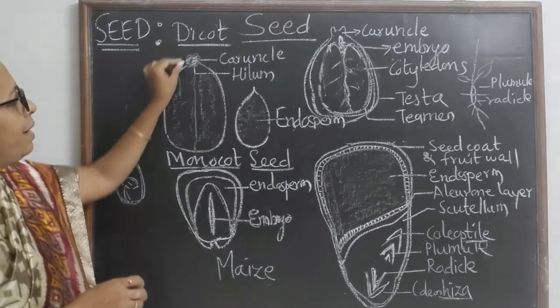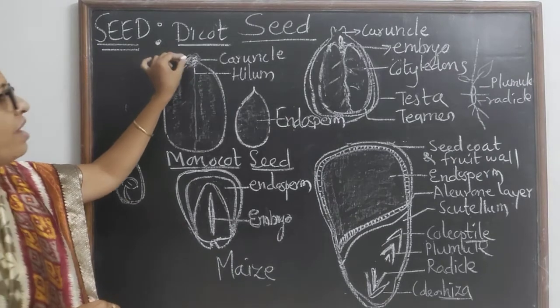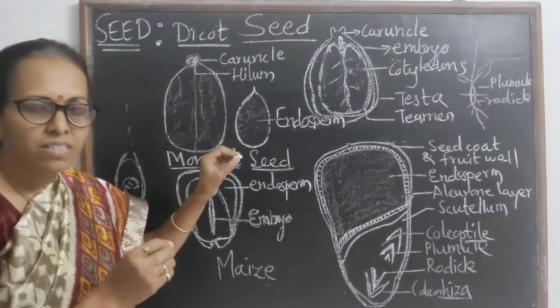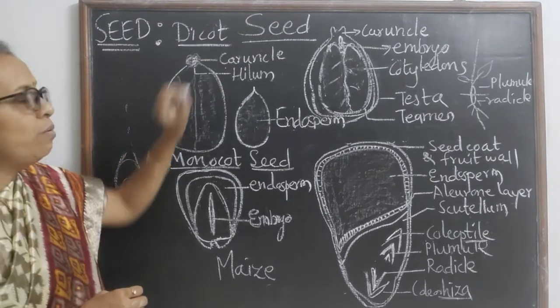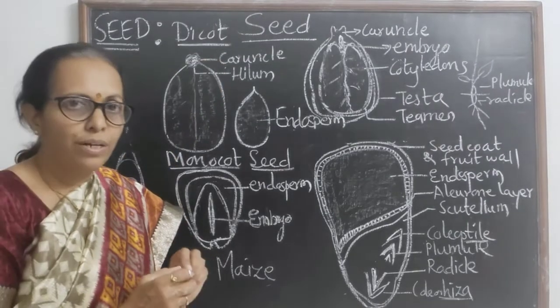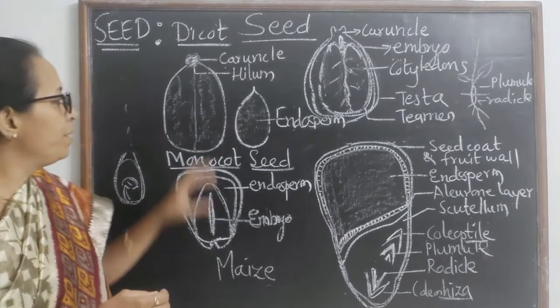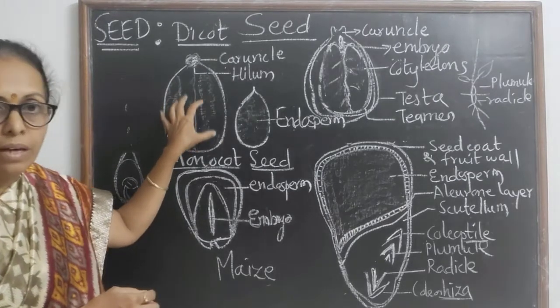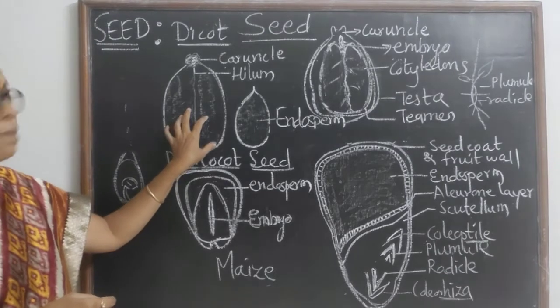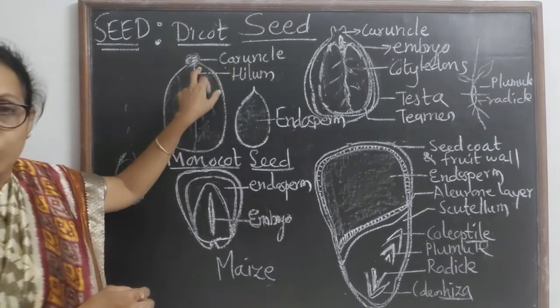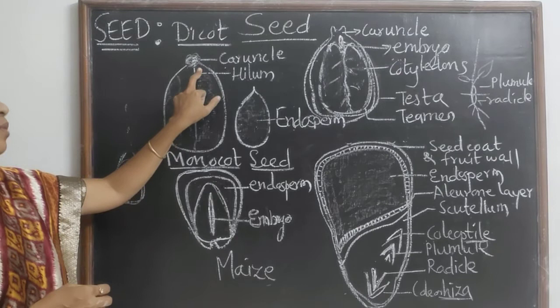The tapering end shows the presence of an irregular whitish mass, called the caruncle. It is helpful for absorption of water during germination. Because the seed coat is hard, absorption of water is very important for germination, so the caruncle is useful for absorbing that water.